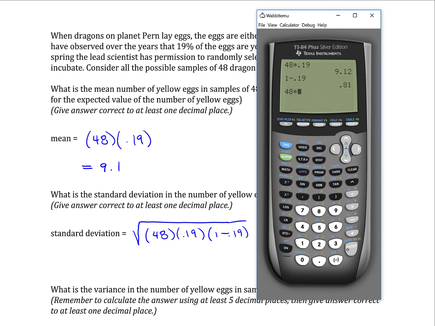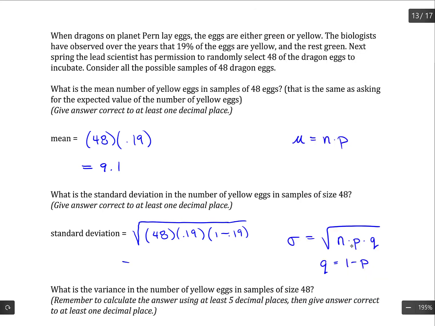So if I take 48 times 0.19 times 0.81, that gives me 7.3872, and I need to take the square root of that answer, which is 2.7, because it said to do one decimal, so 2.7.